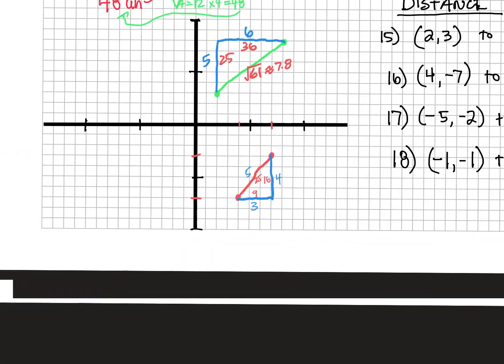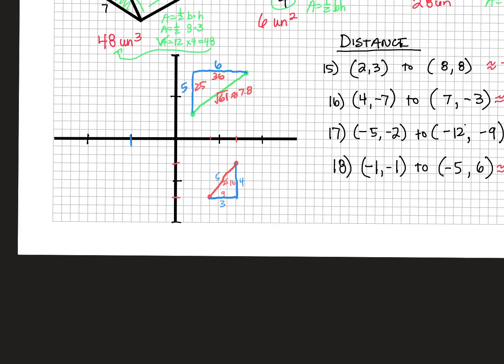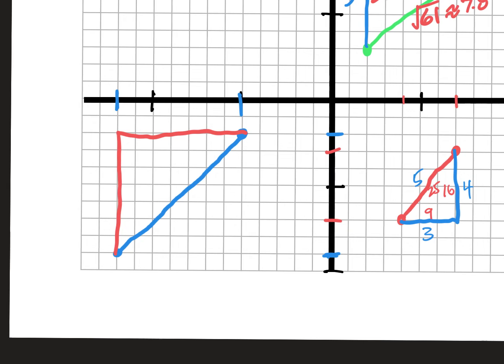Okay, next one, 5. -5 is right there. -2 is right there. So there's -5, -2. -12 is back here. -9 is right down there. So this is a pretty big line from there to there. Let's make my boom and boom. 1, 2, 3, 4, 5, 6, 7 becomes 49.